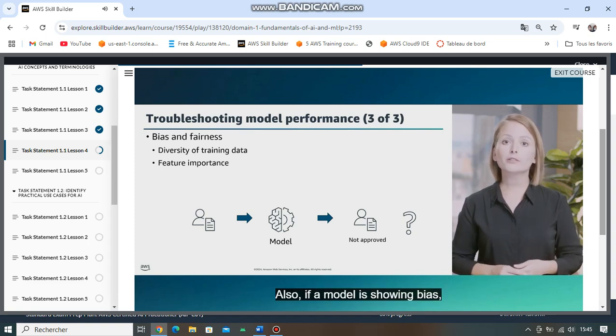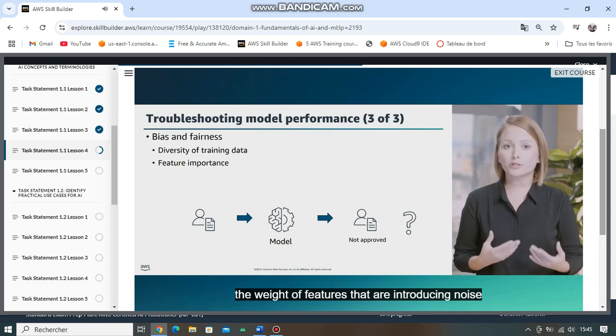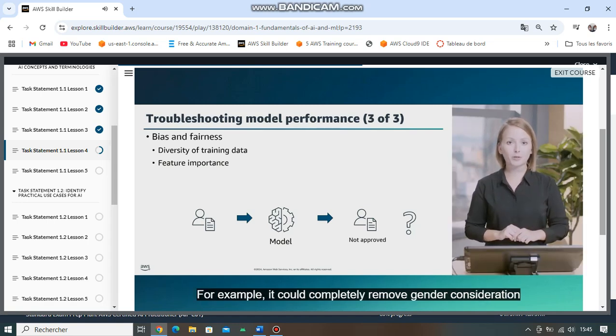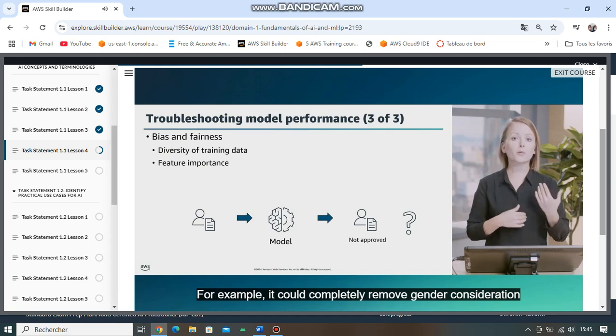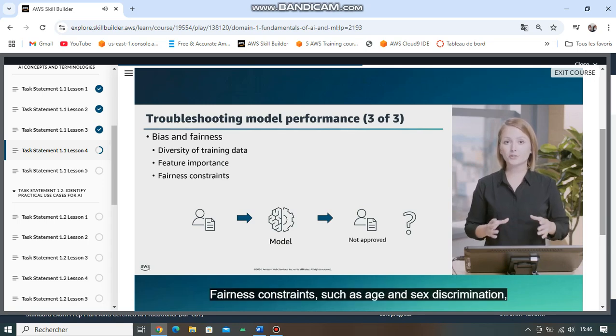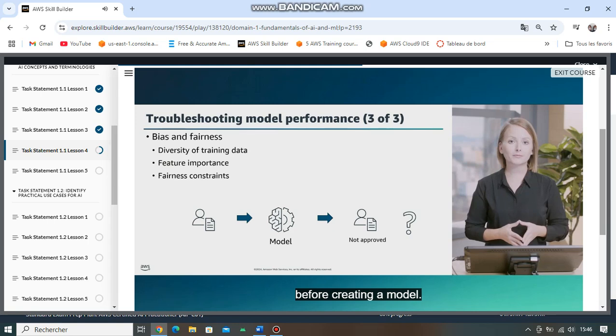Also, if a model is showing bias, the weight of features that are introducing noise can be directly adjusted by the data scientists. For example, they could completely remove gender consideration by the model. Fairness constraints, such as age and sex discrimination, should be identified at the beginning before creating a model.